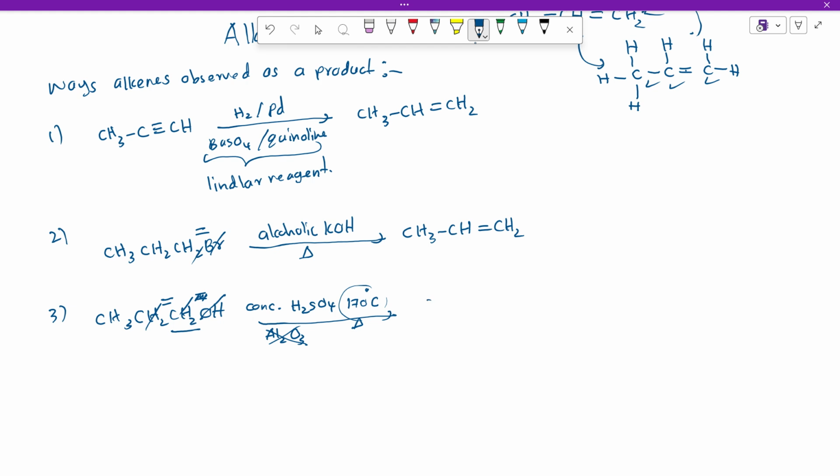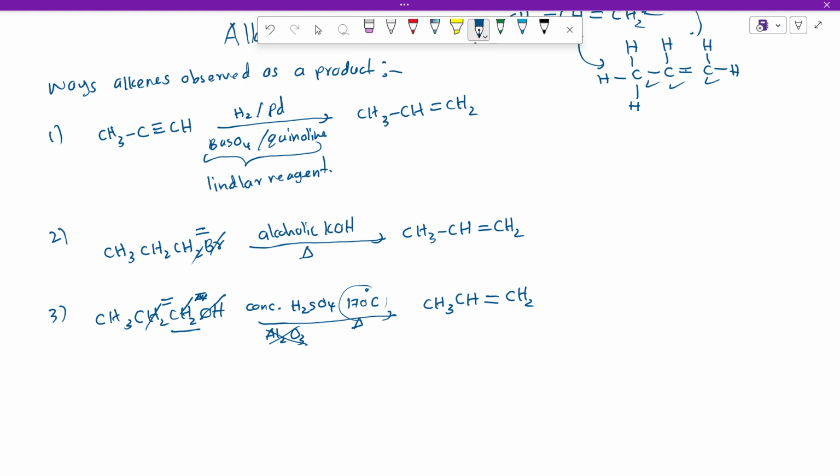So CH3, again CH, because one hydrogen was removed and you create a double bond. From either side OH was removed, and then CH2 is the same as it is. Thereby this is an alkene. Those are the only three ways where an alkene is obtained as the product.